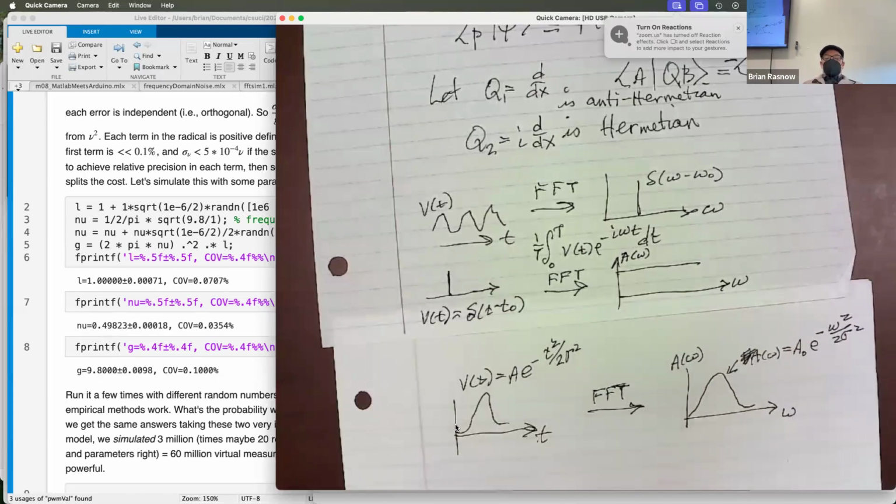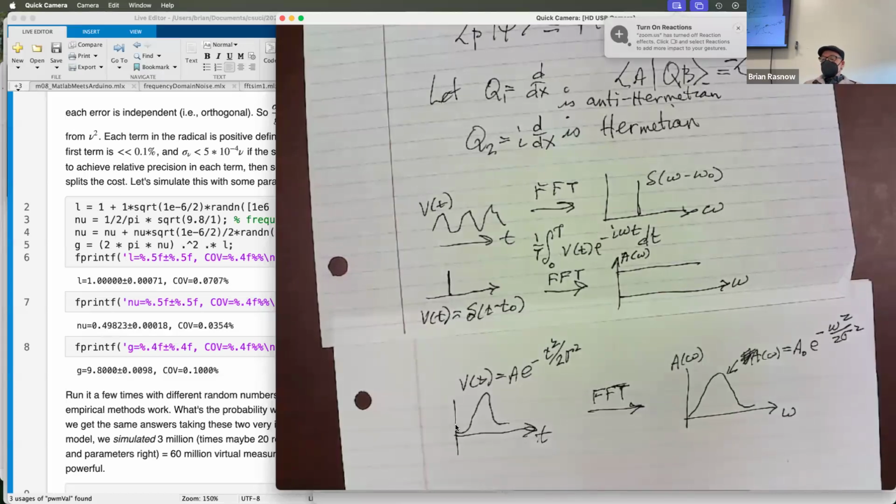That's the Fourier transform: the Fourier transform of a Gaussian is a Gaussian. So if you squeeze it, it's another Gaussian function.